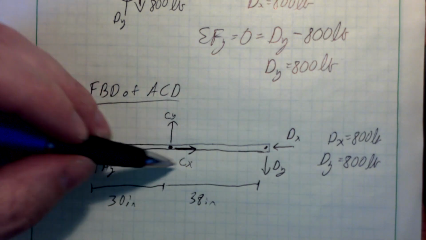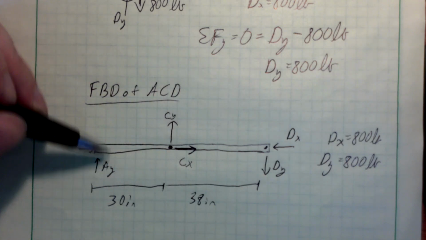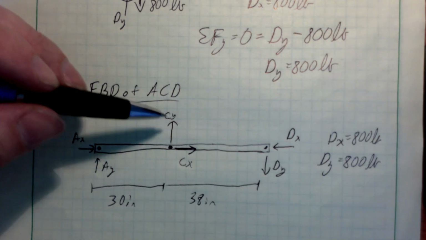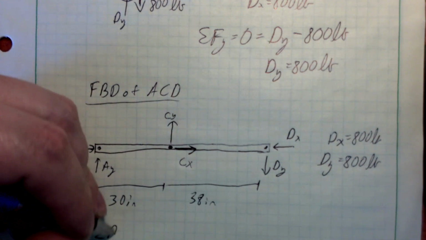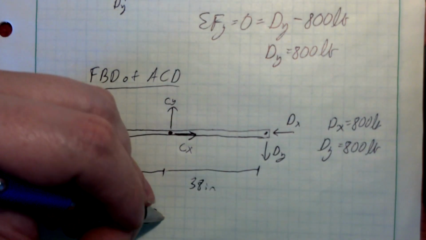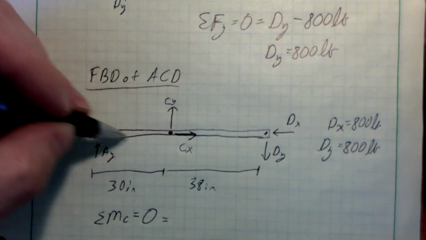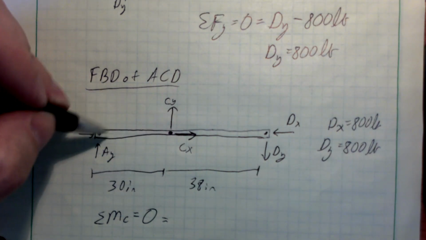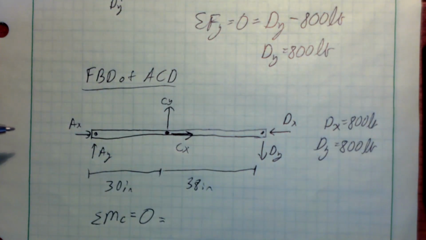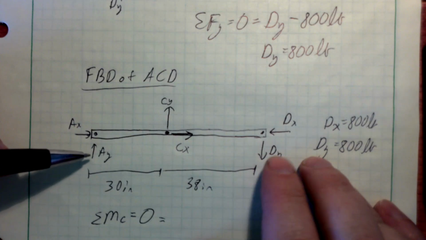But what I can do is this. I can say, well, I don't care about CX and CY. All I really care about is AX and AY. So if I don't care about CX and CY, what if I take my sum of moments about C and set that equal to 0, and only look at the forces causing a moment about C? Well, notice AX passes through point C and DX passes through point C. The only 2 forces causing a moment about point C are going to be dy and AY.